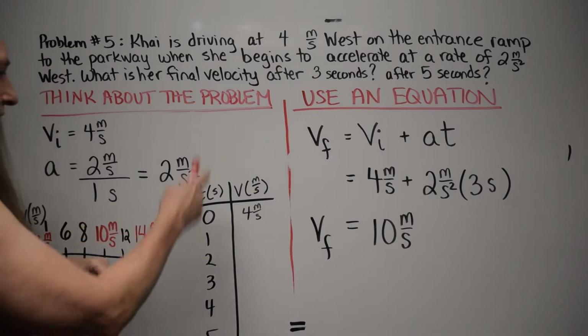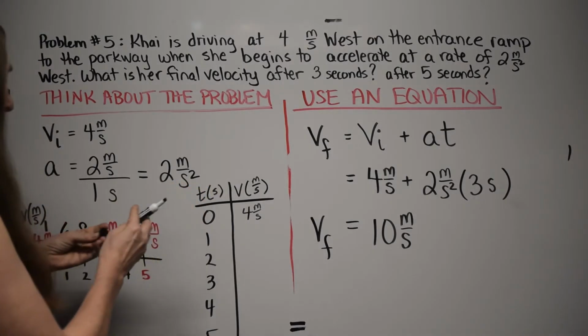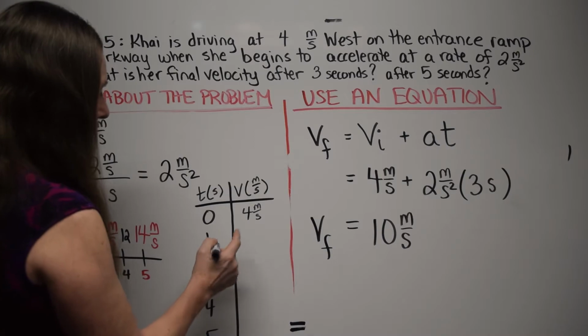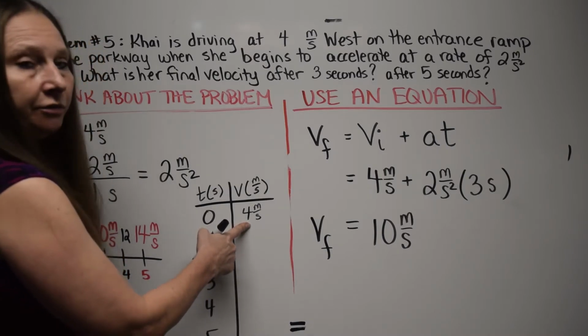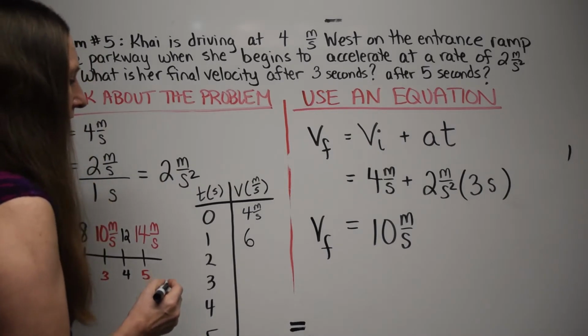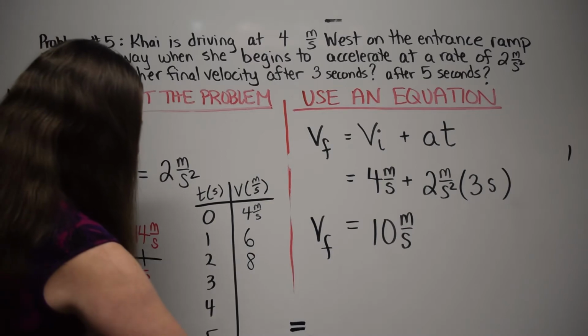Whether you do it horizontally or vertically doesn't matter, right? It doesn't matter whether it's kind of like a number line or kind of like a chart, same difference. If you start at a velocity of 4, after 1 second, her velocity would be 6 meters per second. After 2 seconds, 8 meters per second.